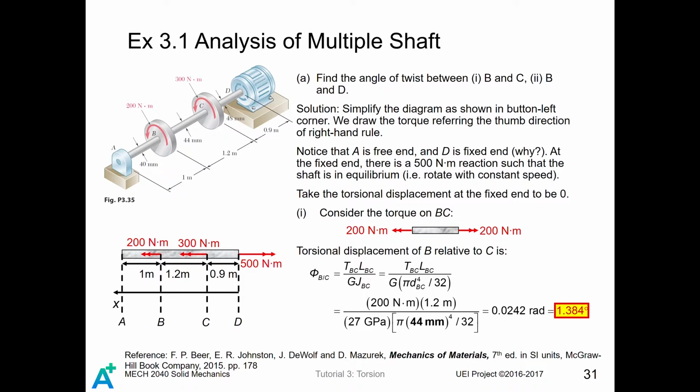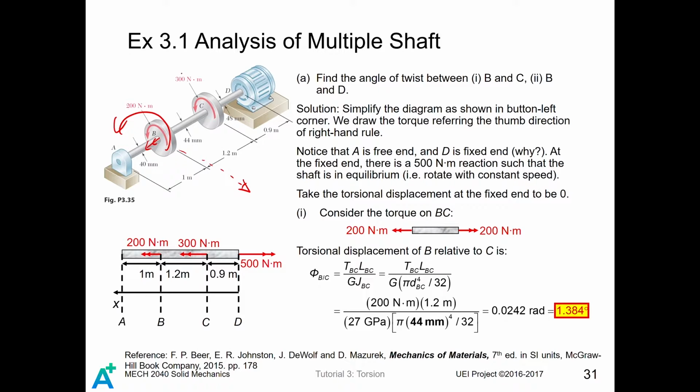Then at point B, there is a torque rotating in this way, and you are the observer standing here. Then, by using your right-hand rule, the thumb is pointing to the left-hand side. Therefore, you can write this torque in this form.